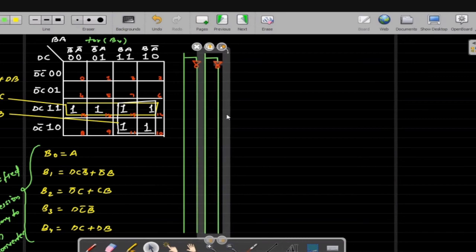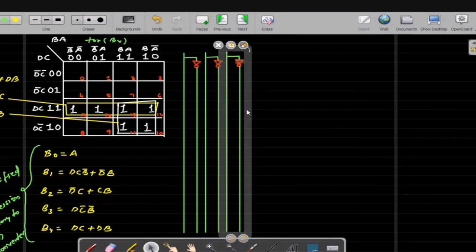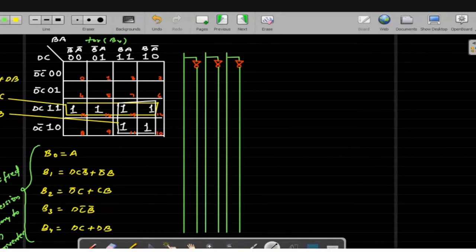This is for D, this is for C, and this is for D. Do we require the complement of A in any Boolean expression? No. So we simply draw one line to represent A. So these are all inputs.